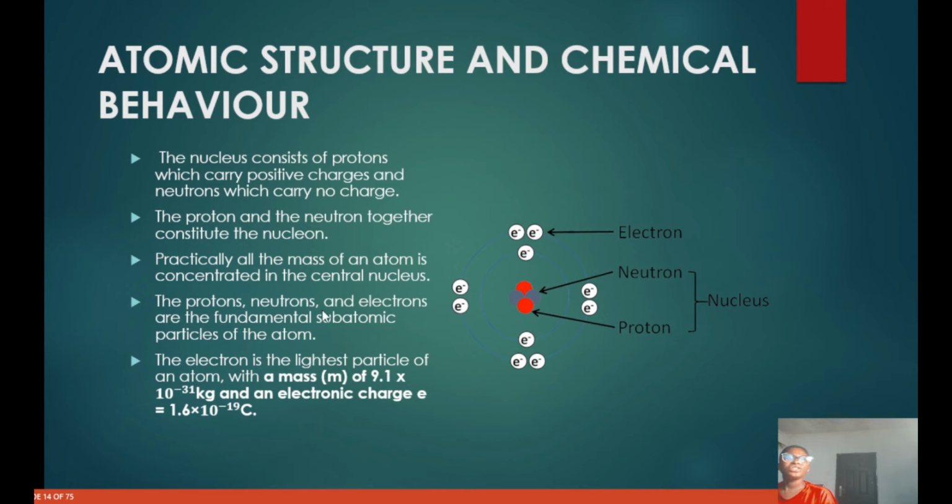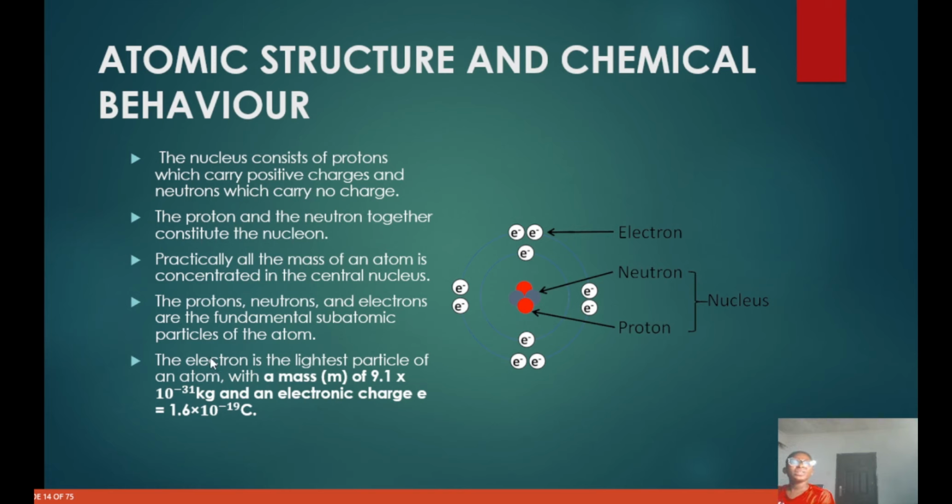So the protons, neutrons, and electrons are the fundamental subatomic particles of the atom. You recollect when John Dalton was saying that the atom is the smallest indivisible part of an element, but we've noticed that it is divisible because it consists of the proton, the neutron, and what? Electron. Don't forget, the proton is positively charged, the electron is negatively charged, and the neutron carries no charge.